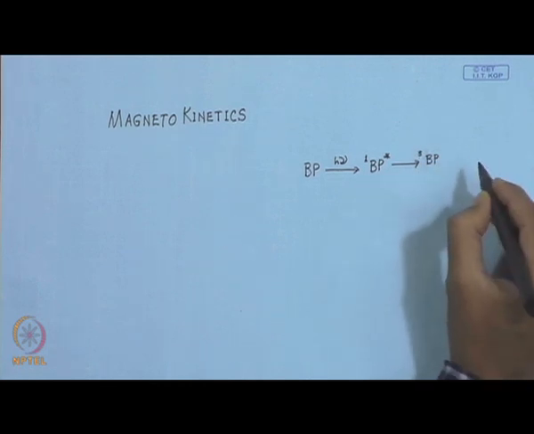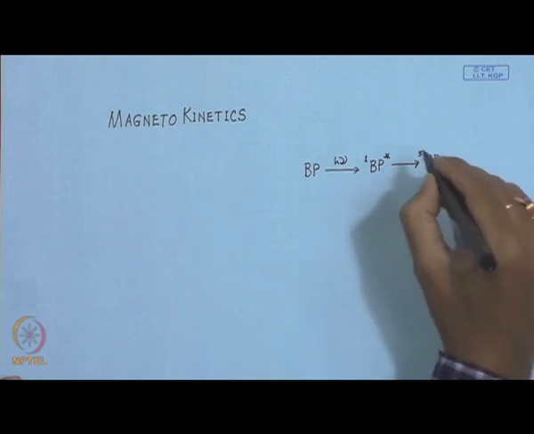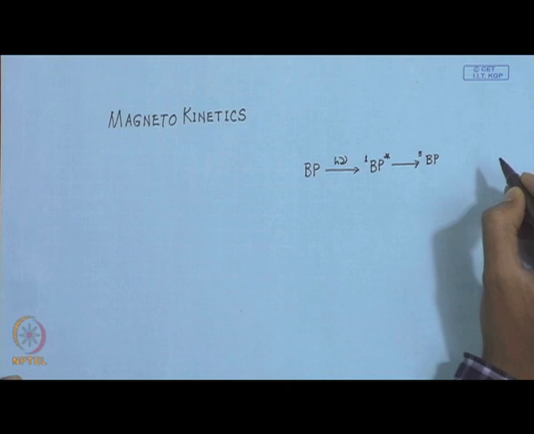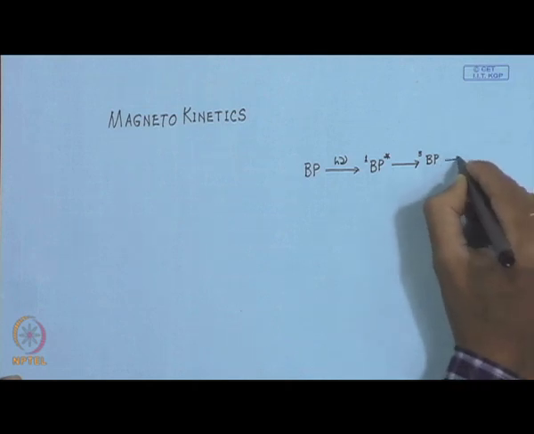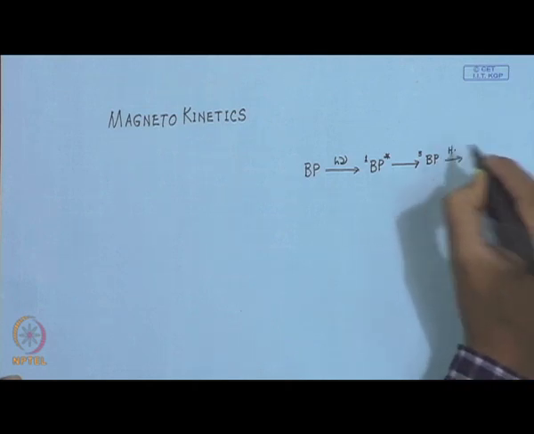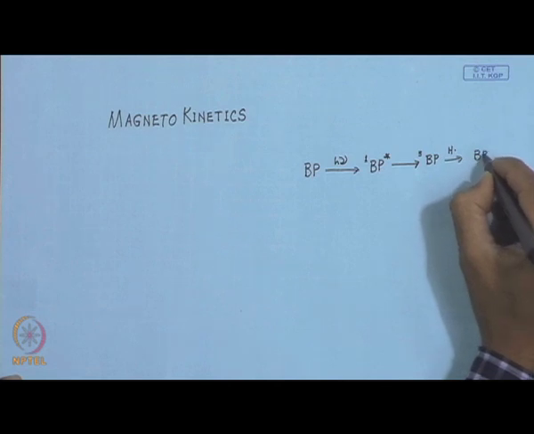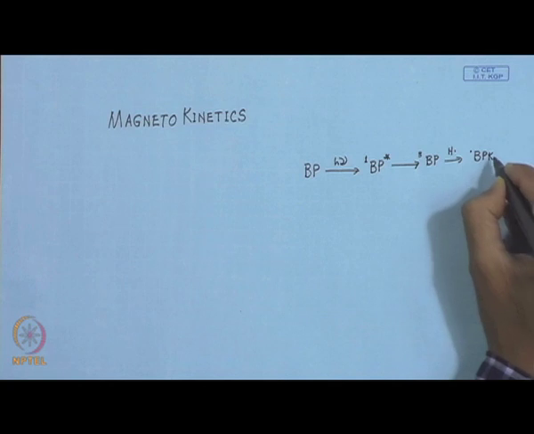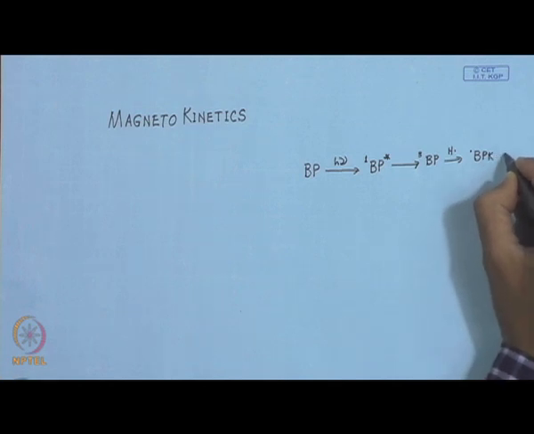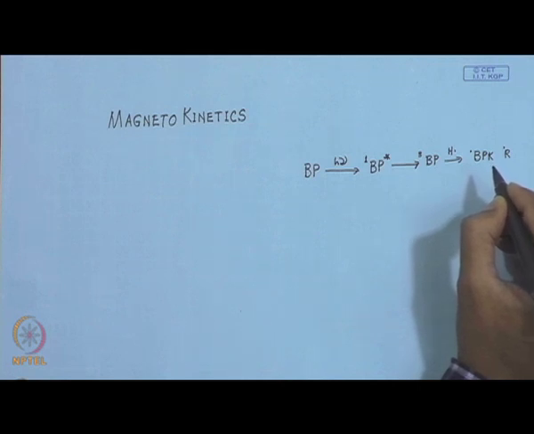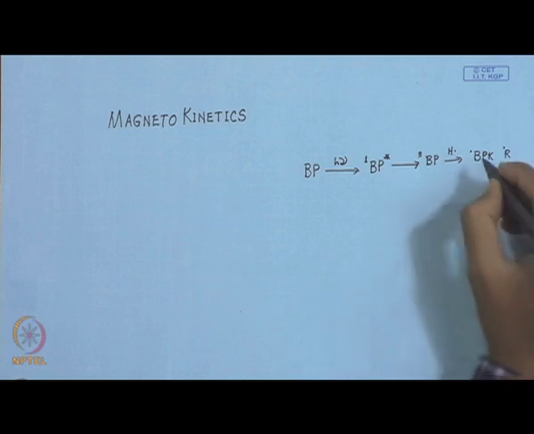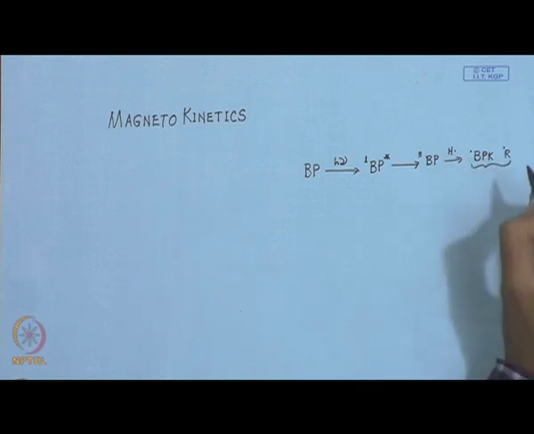Now, this triplet benzophenone abstracts a hydrogen atom from another molecule, producing benzophenone ketyl, the BP ketyl radical. So, the ketyl radical plus another radical coming out of the other part, which is supplying this H atom, thereby generates a radical pair.